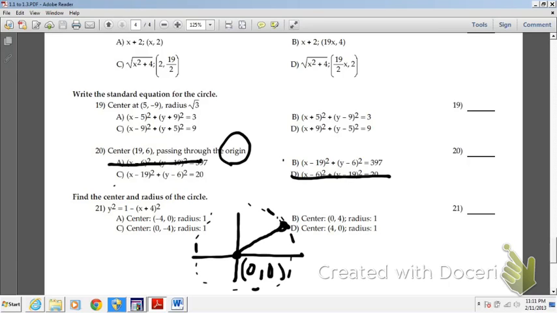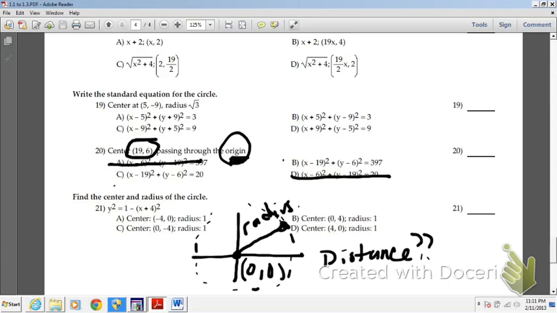But the question is, what is the length of that radius? So my big hint is you're going to have to retrieve your distance formula and get the distance from origin to that point, 19, 6. So long story short, plug and chug into the distance formula and get the distance between those 2 points, origin and 19, 6, and you'll have your radius, and then you can take it from there.